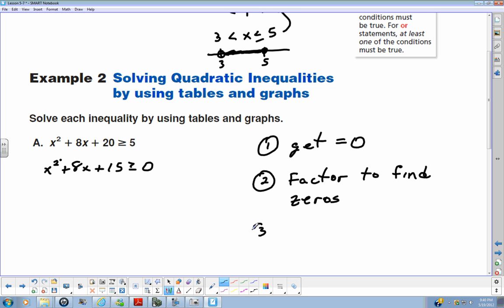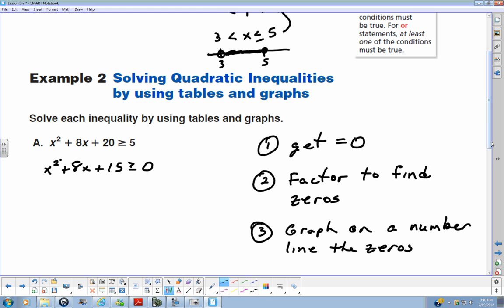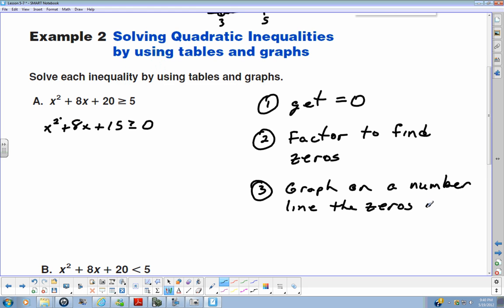And then the third thing is we're going to graph the zeros on the number line, and we're going to put them on the number line with open dots for greater than or less than, and closed dots if greater than or equal to, or less than or equal to.